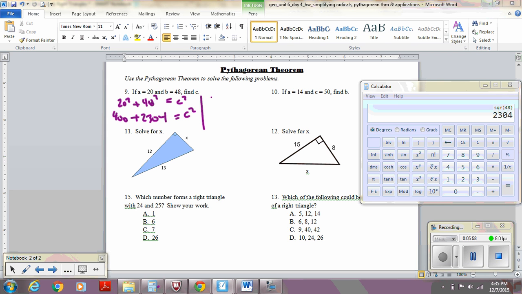Add those up, you would get 2704 is equal to C squared.